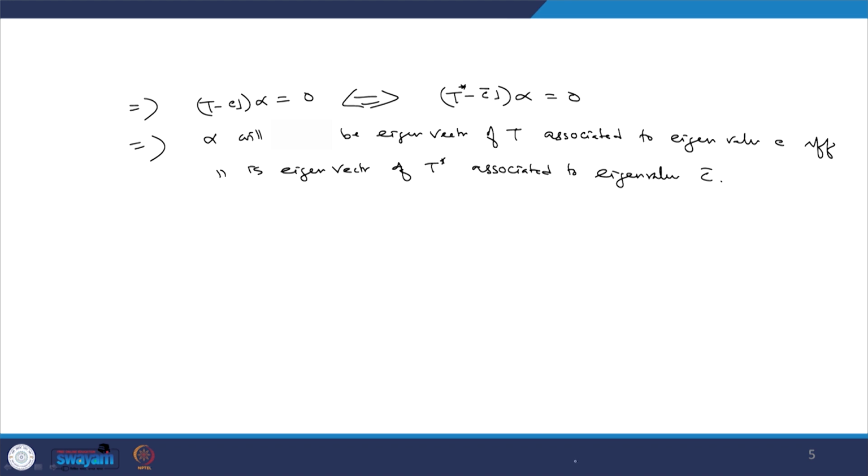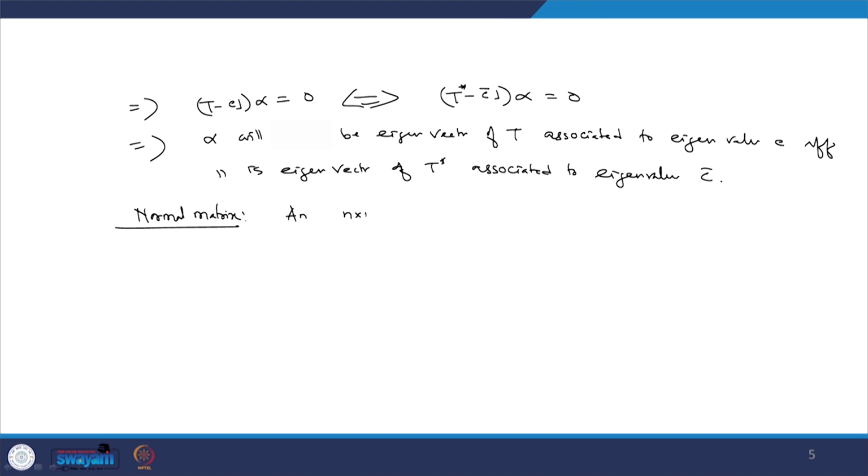So, let me define a normal matrix also. As we have defined self-adjoint operator and self-adjoint matrix, here also let me define a normal matrix.